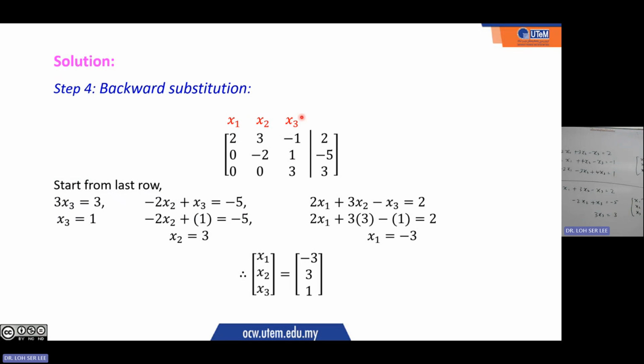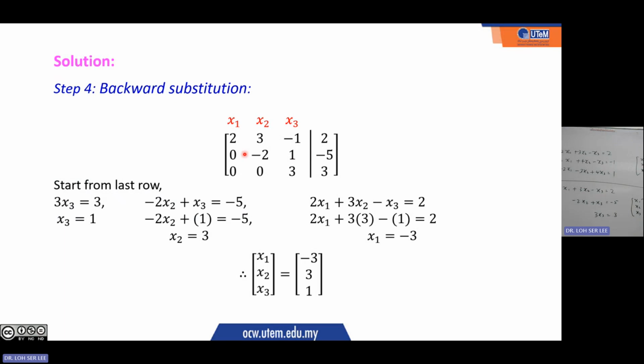Okay, this means 0, we start from the last row, backward substitution. This means 0 x1, plus 0 x2, still 0, plus 3 x3, you get 3 x3 equals to 3. So you have this equation. Okay, so from here, x3 is 1.